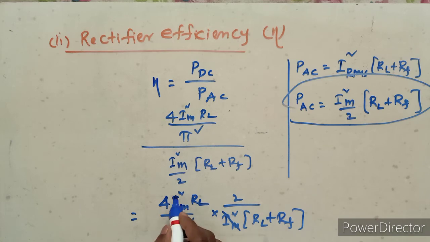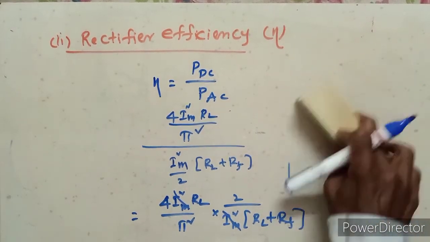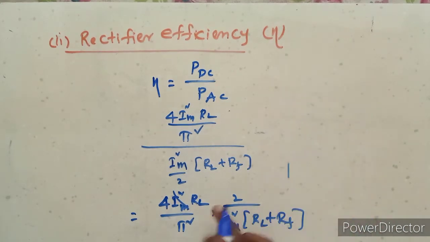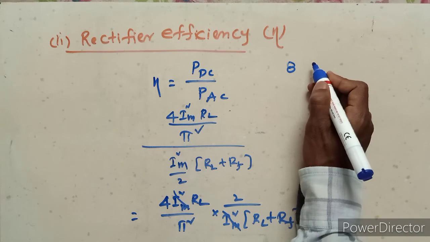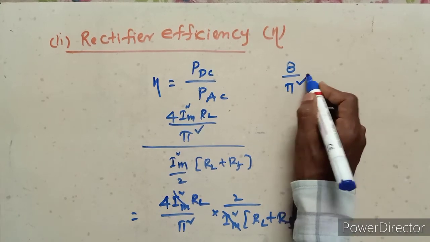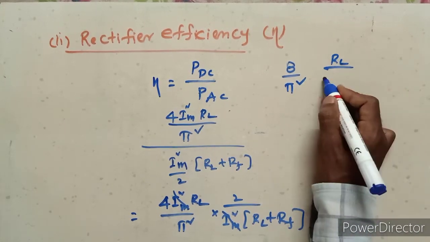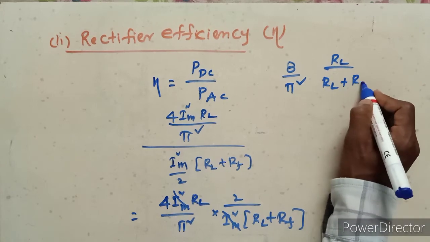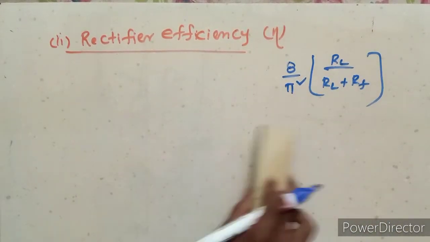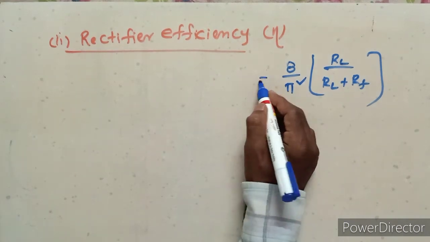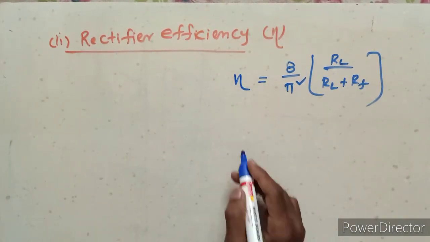Here I squared m cancels. Remaining is 4 twos are 8, so 8 upon pi squared into RL upon (RL plus RF). This is the eta.